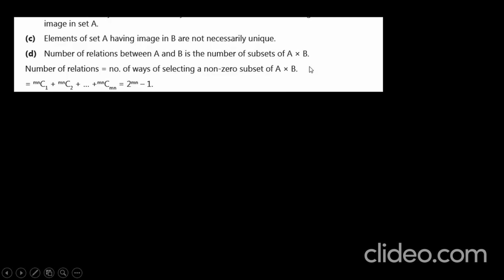So the number of relations is equal to the number of ways of selecting non-zero subsets of A cross B. The number of non-zero subsets of A cross B can be written as mnC1 plus mnC2, and so on up to mnCmn, which is equal to 2 power mn minus 1. Like this we are getting.